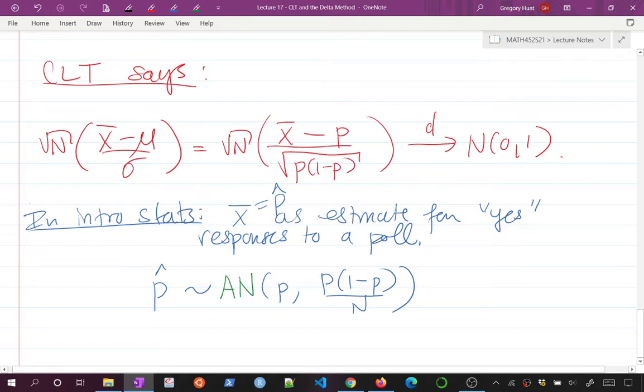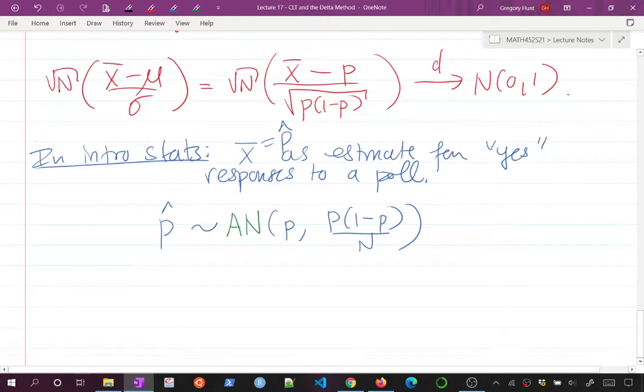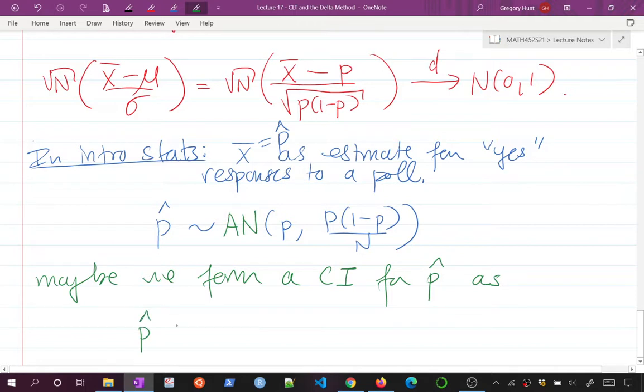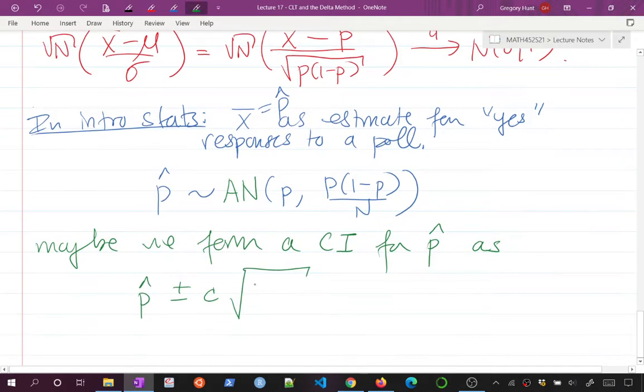But you would use this and you'd say, p hat is approximately normal with a mean p and a variance p times 1 minus p over n, and so maybe we form a confidence interval for p as something like p hat plus or minus some constant times root p times 1 minus p over n, but you replace those p's with p hats.